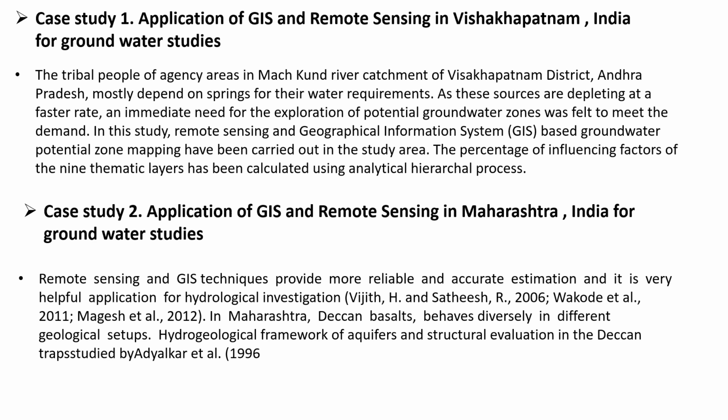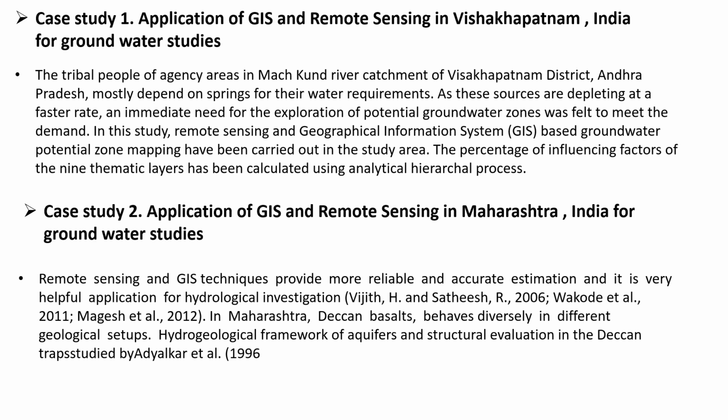In this study, a remote sensing and geographical information system GIS-based groundwater potential zone map has been prepared for that area. The percentage influence of the nine thematic layers has been calculated using the analytical hierarchy process, so that the problem can be resolved by this process or system.